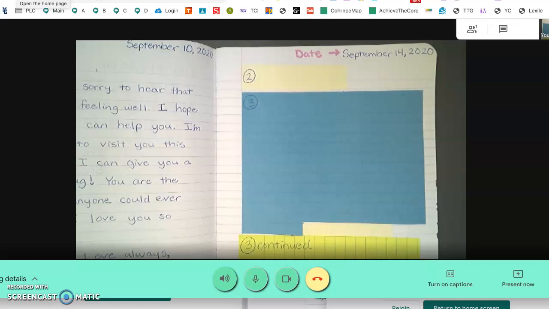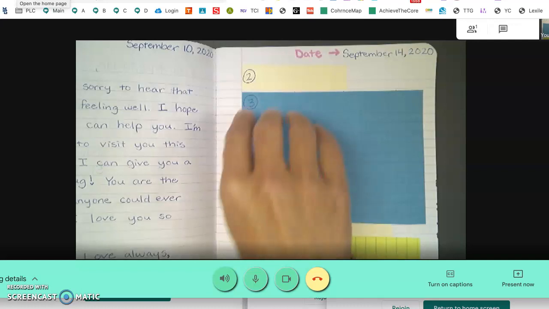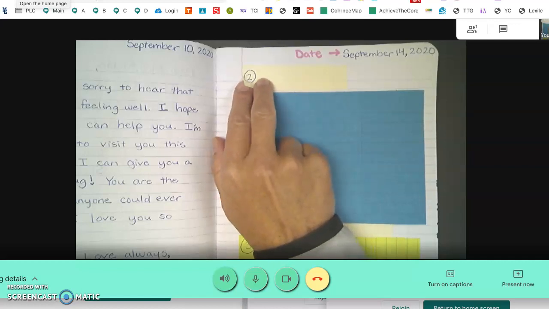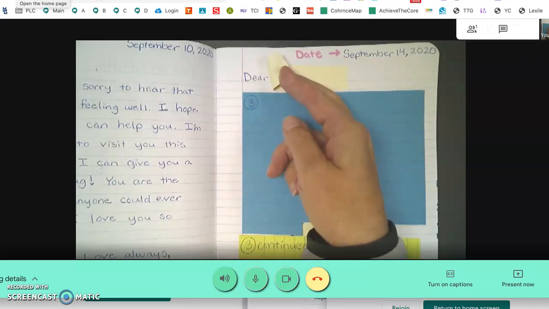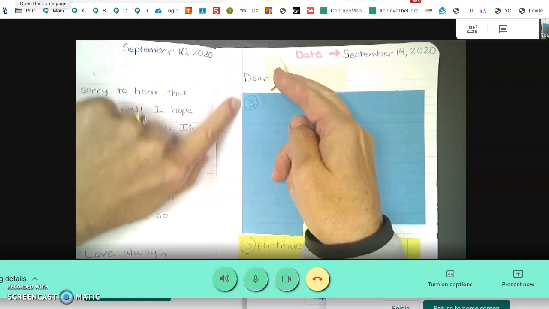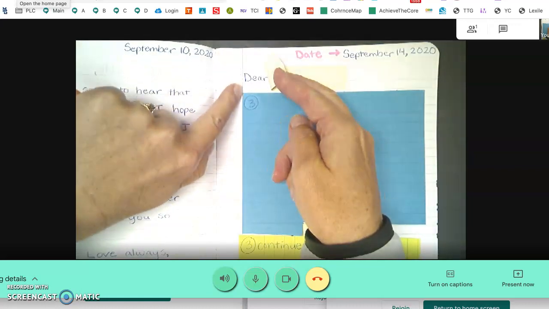All right, boys and girls, we're moving on to part 2 of the friendly letter. We have to figure out how we're going to start it. We think about who the letter is going to, and friendly letters usually start with the word dear, with a capital D. You might see this pink line right here.